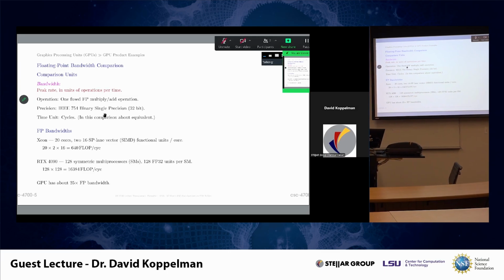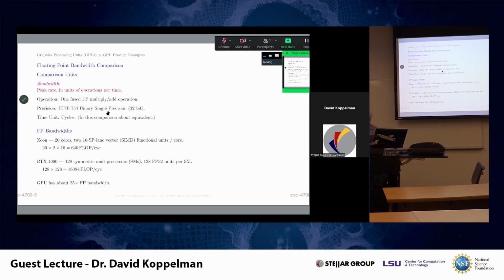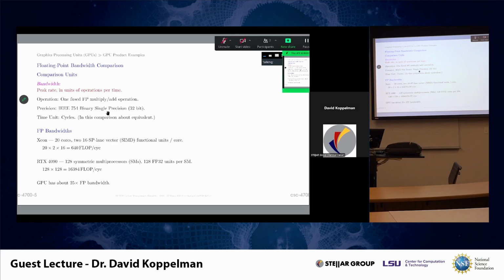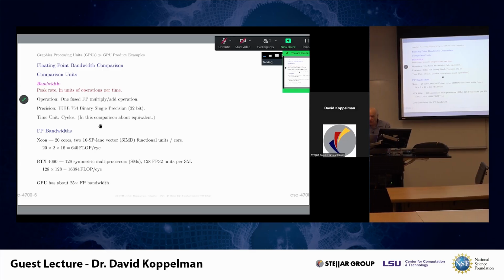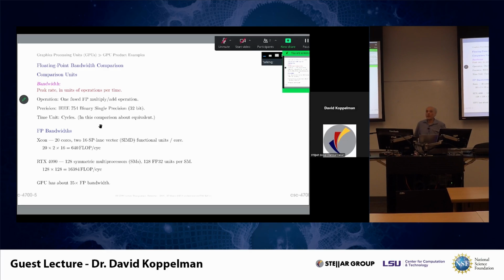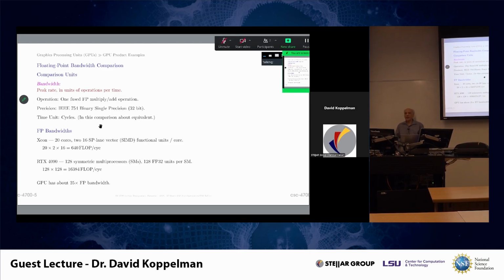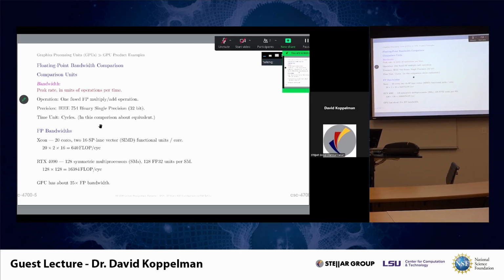And for this comparison, we're going to look at single precision, the IEEE 754 single precision. The multiply add is a basic operation in scientific computing, graphics, machine learning, so it's used very widely. Just a word of warning, when other people quote these numbers, they count that as 2 operations, but because the implementation is invariably fused together, I'm counting it as 1.